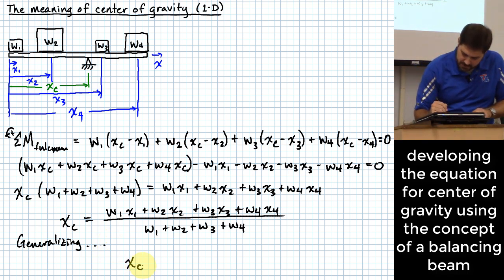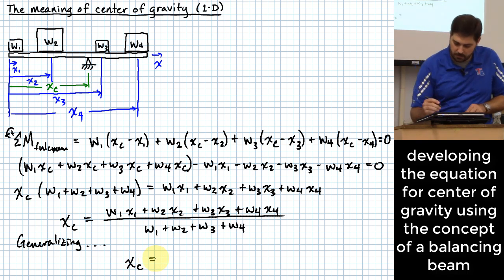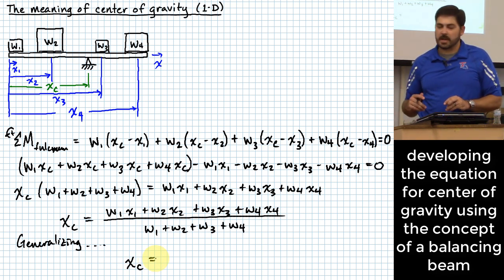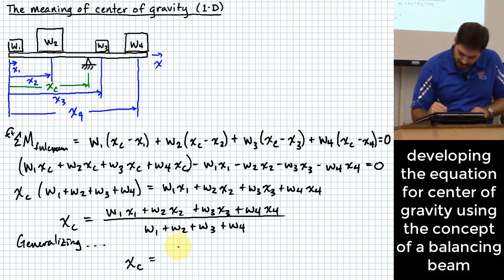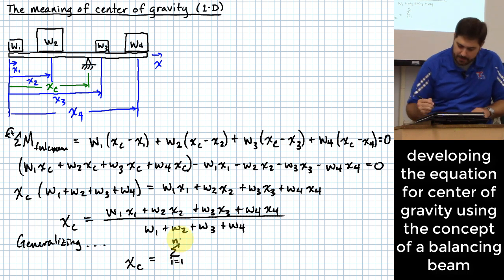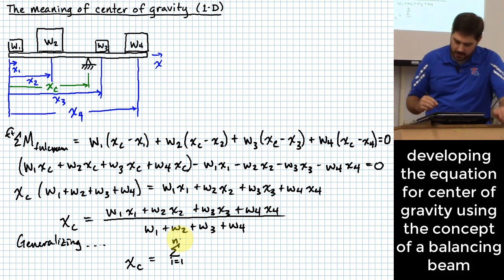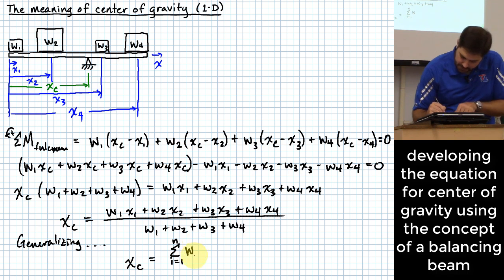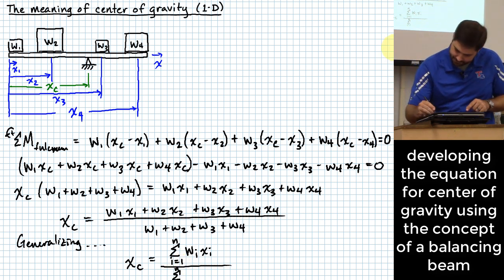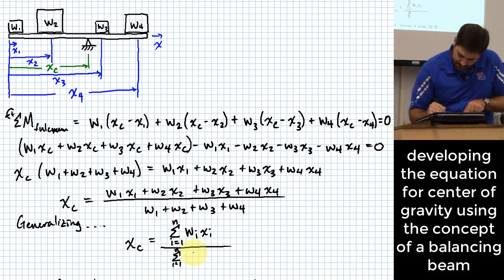Okay, x sub c is just going to be equal to, we'll use this really slick summation notation, the sum of an index that goes from 1 up to however many pieces I have, and in this case I would go from 1 to 4, of w sub i, x sub i, and then I'd take all of this and divide it by the sum, again, where my index went from 1 up to the number of pieces that I had, of just w sub i.